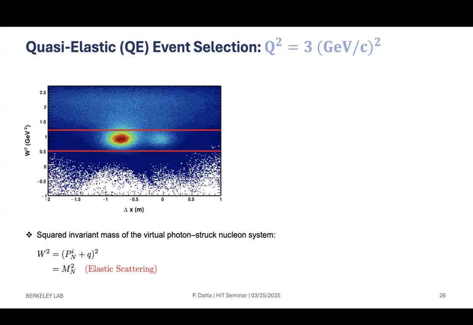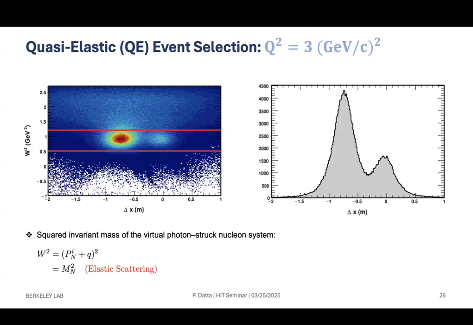With the well-formed W squared cut, as shown by these red lines, we can effectively select our quasi-elastic events and reject the background. This is nicely shown in this delta X distribution, which had this cut implemented. There you can see very little background is remaining, and the background is smooth, so whatever is remaining can be modeled very easily.